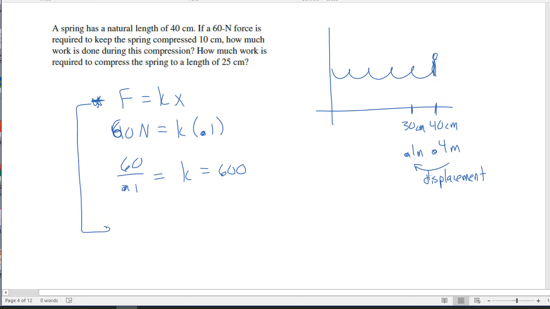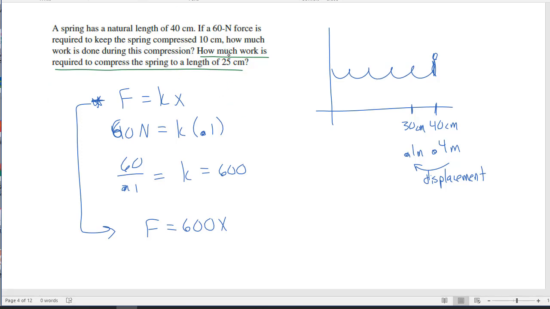So our force equation here, for this particular spring, the force is variable with a spring constant of 600. Right, now the first question being asked was how much work is done during this compression.